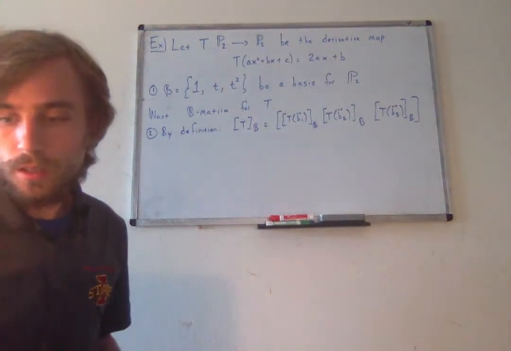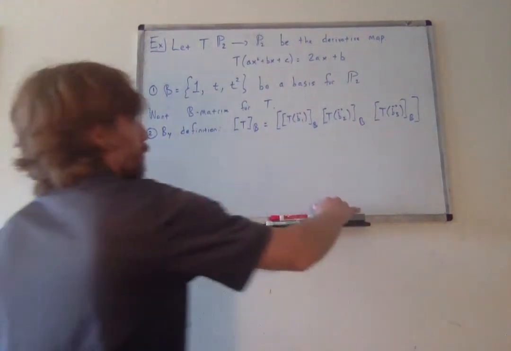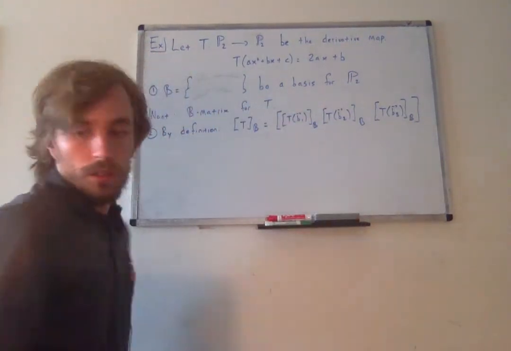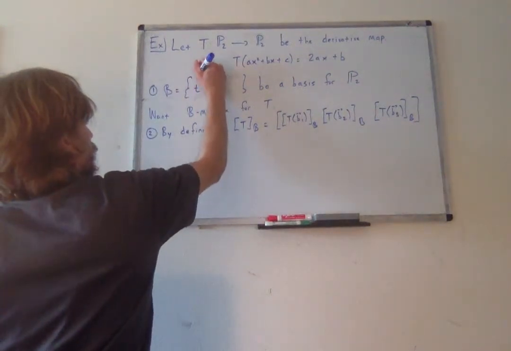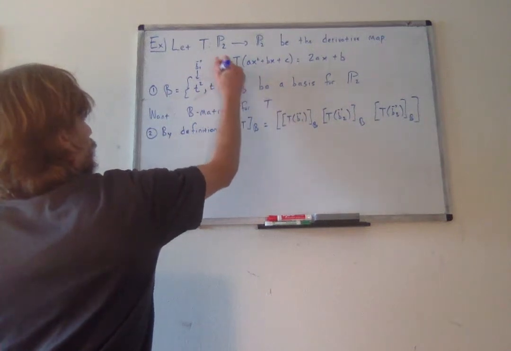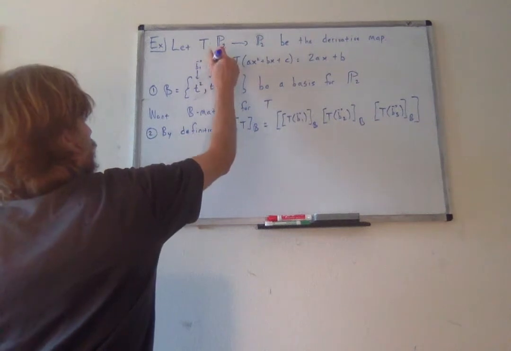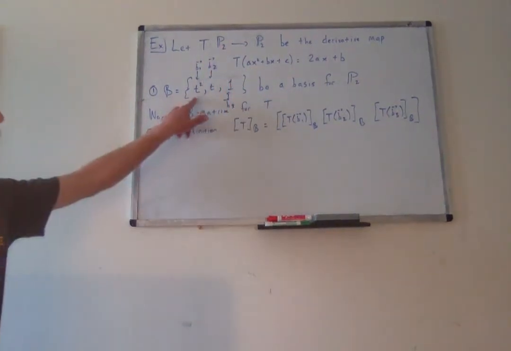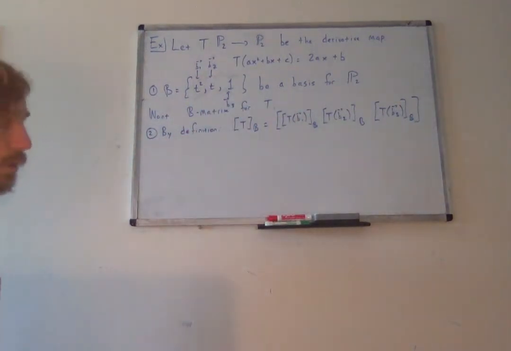And actually, to go along with the order I've been using for most of these and the order I have them in my notes, I'm going to reorder these basis vectors. So B1 is t squared, B2 is t, and B3 is 1.